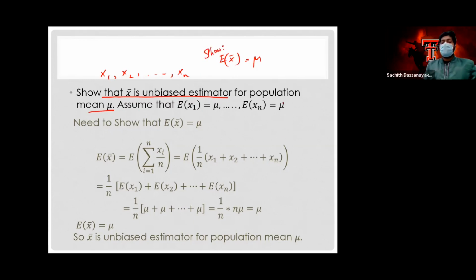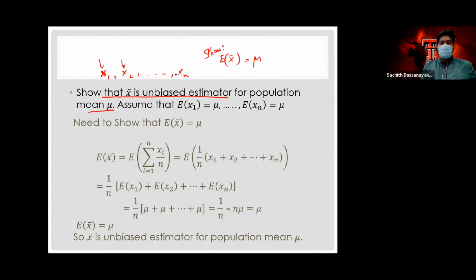Let's take these observations from x1 to xn. These are independent observations, right? Because x1 doesn't have to do with x2. They are independent. If you consider each of them, they have the same mean.